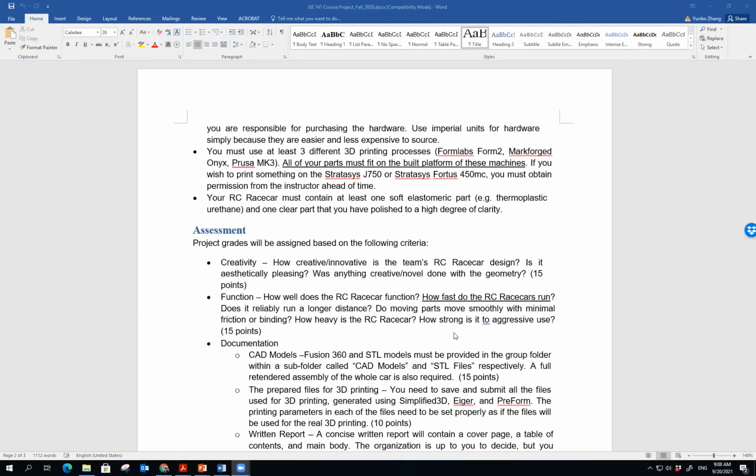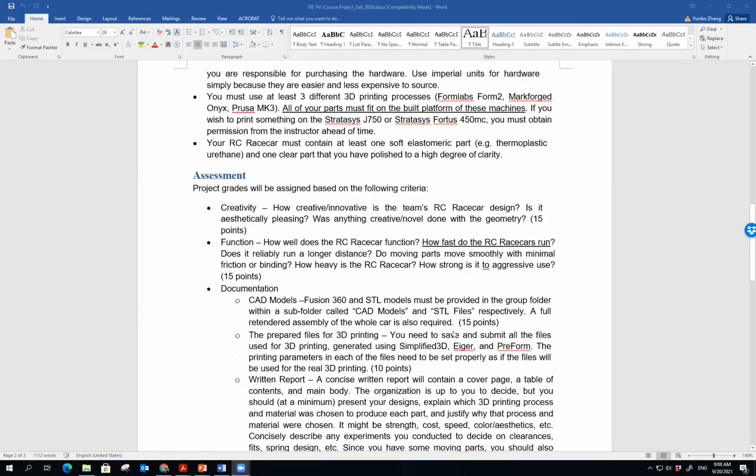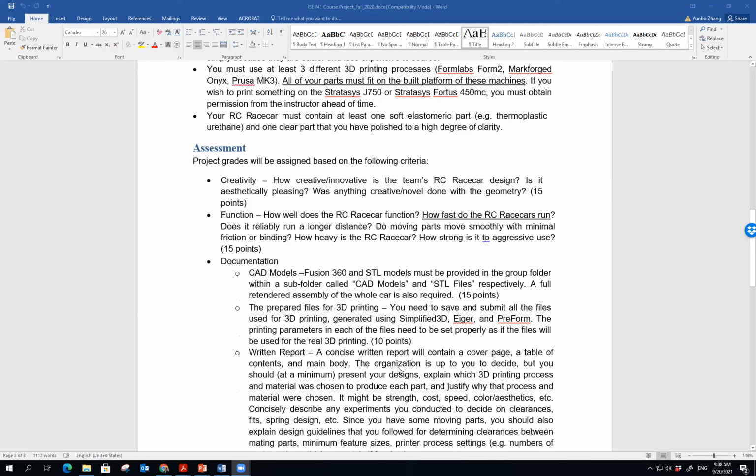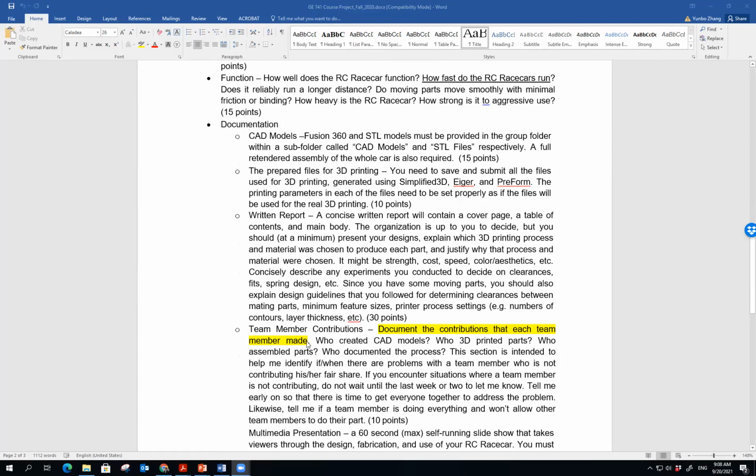Everyone has to take charge of one or several tasks for the project. You need to write a statement about the team members' contributions, and that's important. In previous courses, there were team members who didn't contribute anything.